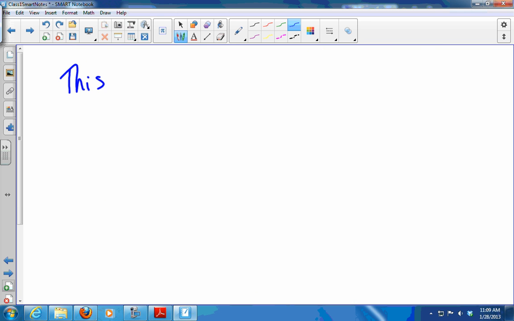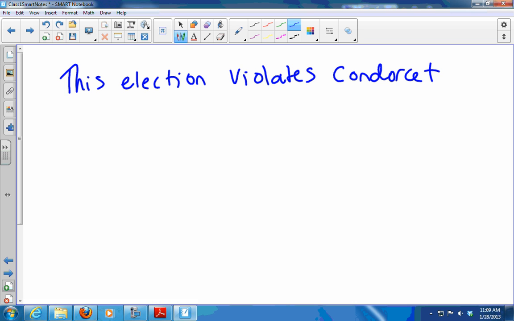So this election, the marching band election, violates the Condorcet criterion because we have a Condorcet candidate and that candidate lost using the plurality method.